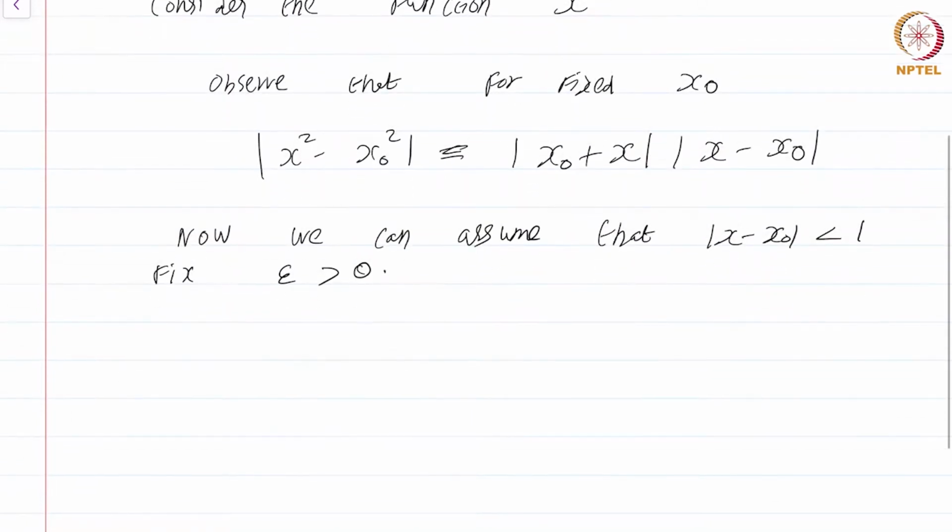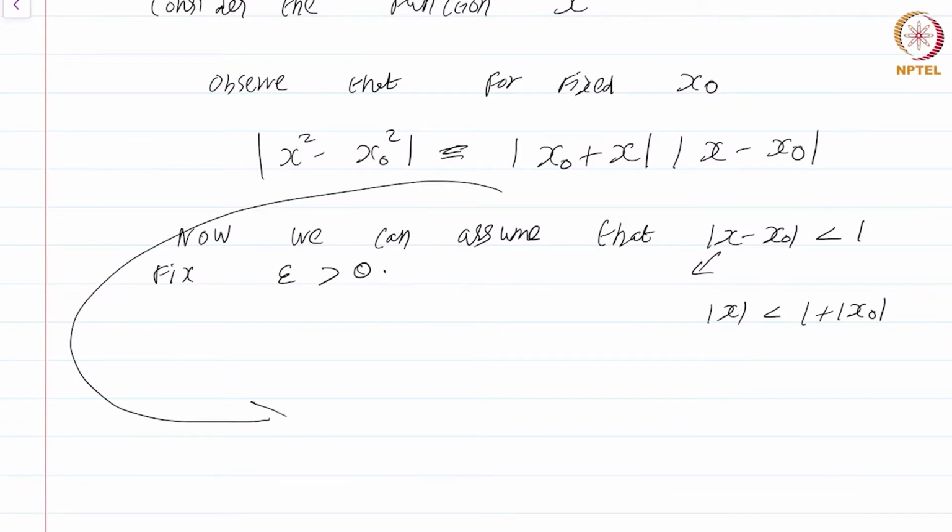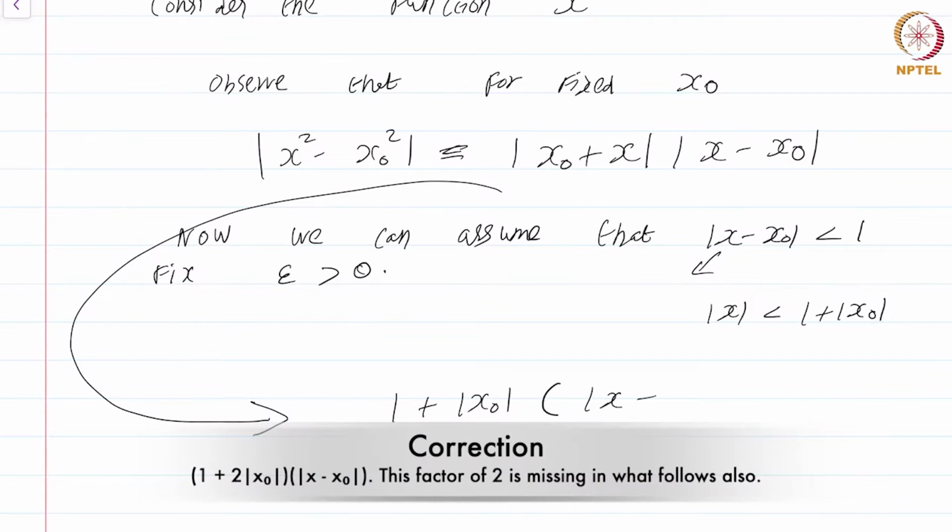Well, from the fact that |x minus x naught| is less than 1, we immediately get that |x| is less than 1 plus |x naught|. Right? So this whole thing is going to be less than (1 plus |x naught|) times |x minus x naught|. Okay?